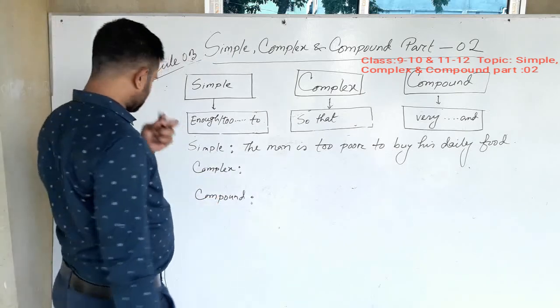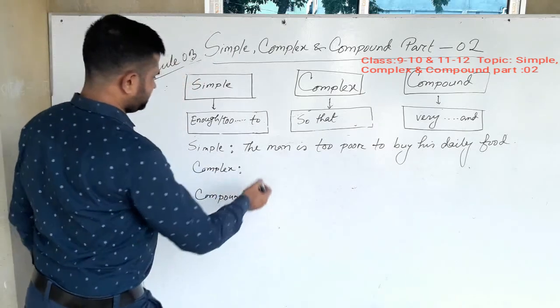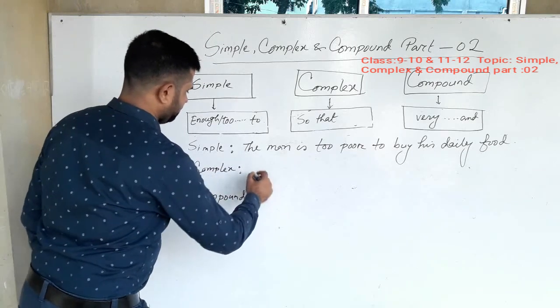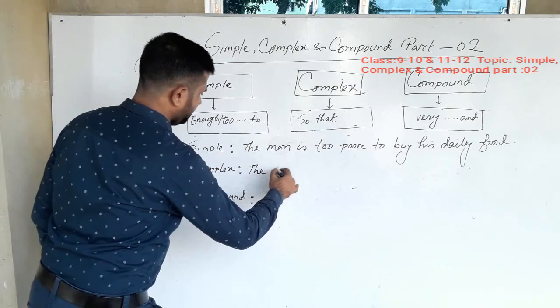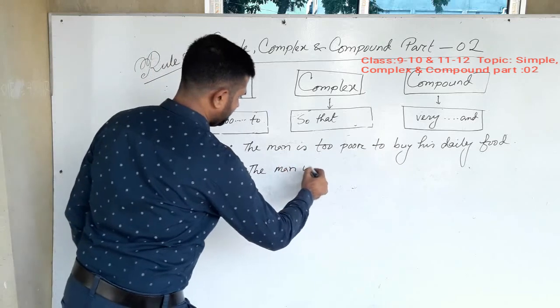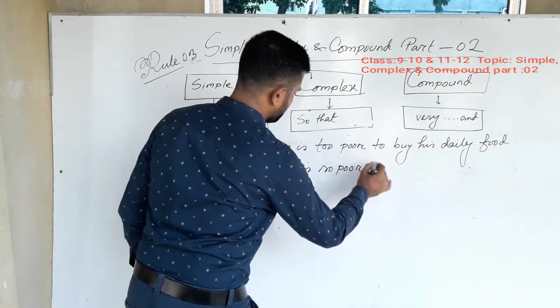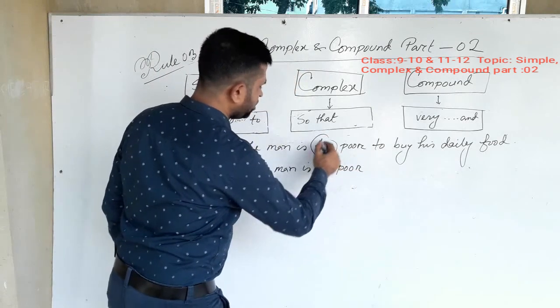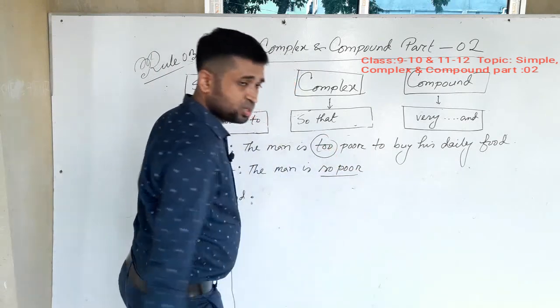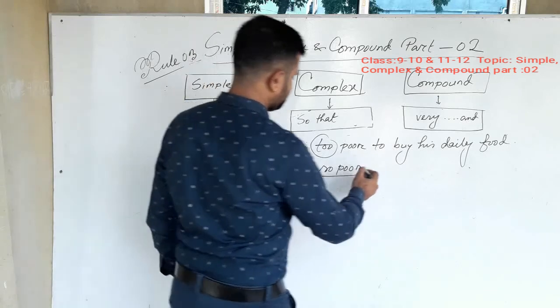Dear viewers, complex sentence, match with me. The man is so poor. Instead of "too", we can use "so".